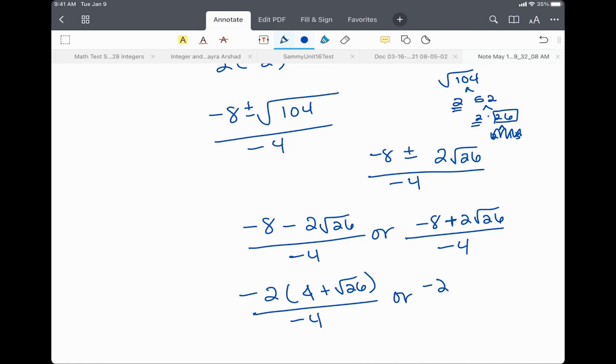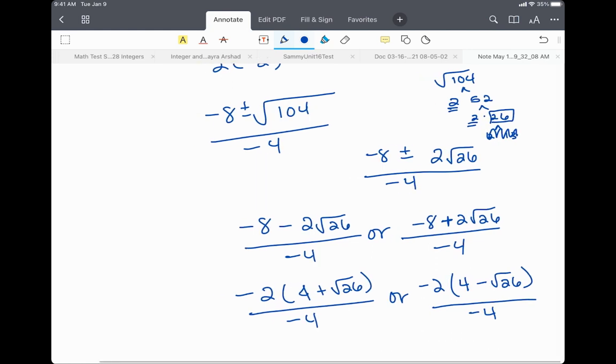One's minus and one's plus, because it's plus and minus. So negative 2, and then what do I have left on that one? I have a 4 minus the square root of 26 all over negative 4.